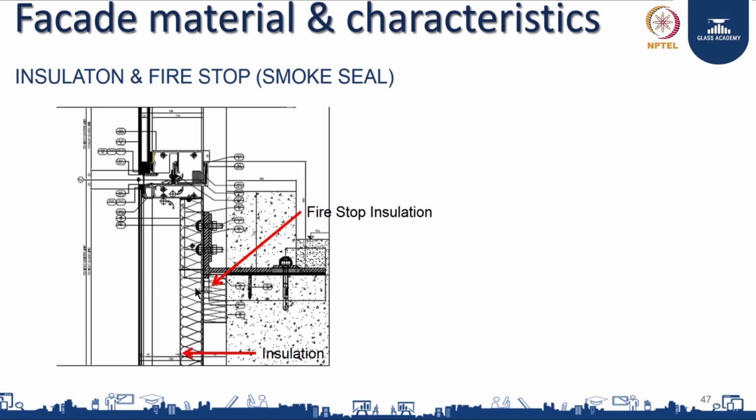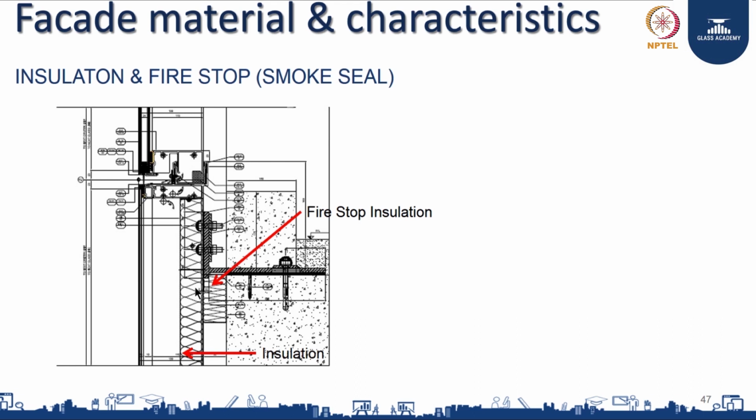The idea of all these fire stops, smoke seals and insulation is that they should contain the fire within the floor where the fire happens. And not only that, of course, this insulation also plays a big role in terms of thermal performance. When the glass class was going on, they would talk to you more about thermal and comfort and so on and so forth. They also play a major role, because being non-combustible, they are also good in resisting heat.